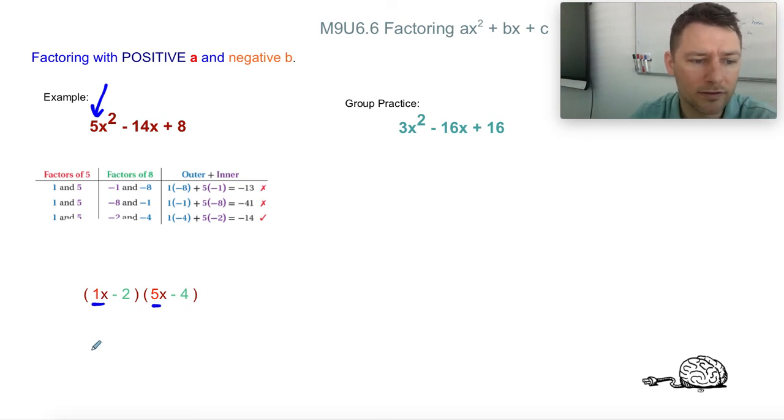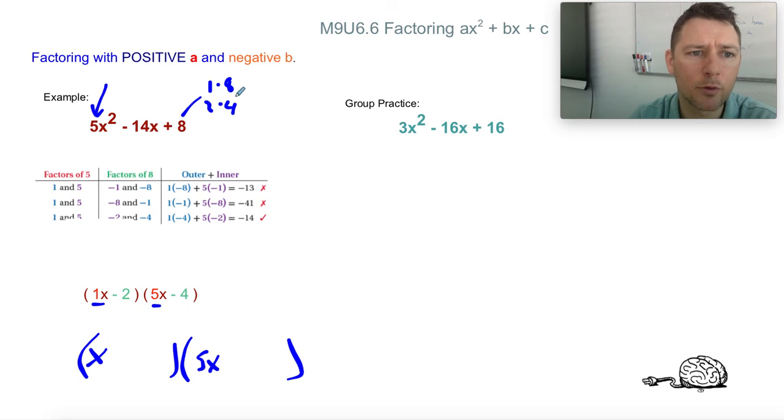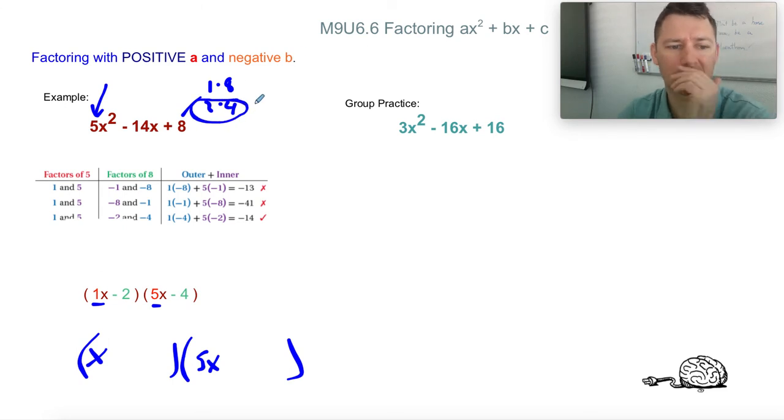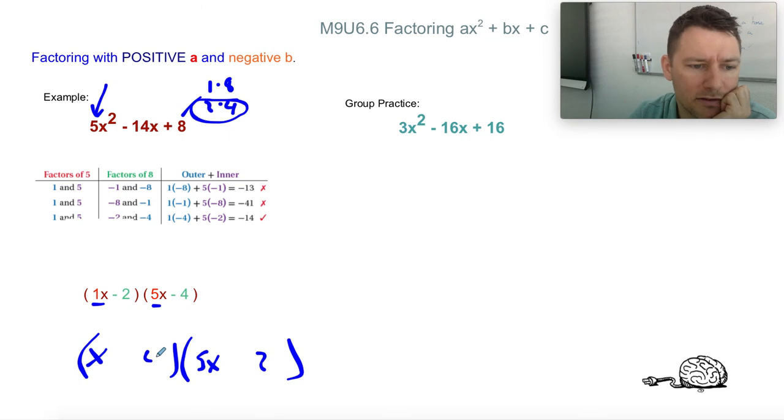Great, so I know that this is going to be x and 5x. And 8 we can multiply by 1 and 8 or 2 and 4. I'm going to guess right off the bat that it's 2 and 4, and so I'm going to put these in here anyway. Doesn't matter. You might get it right, you might not.